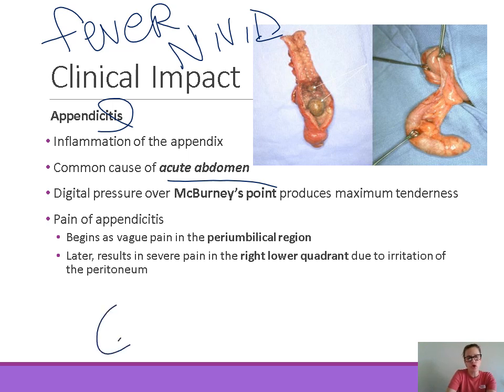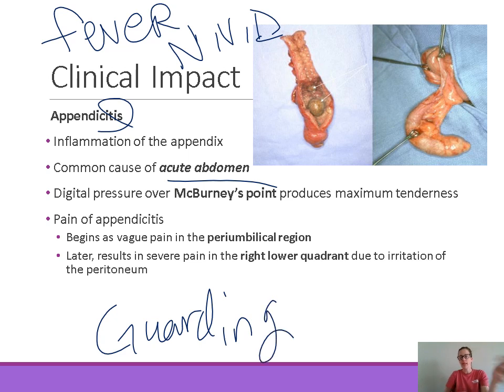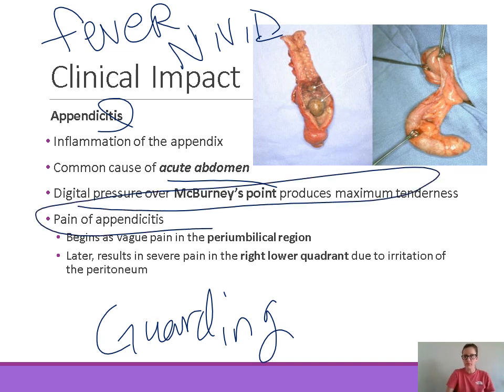Patients will exhibit guarding of the abdomen, meaning it's just a natural reflexive reaction to try and guard their abdomen when you put pressure on it. So when you push on McBurney's point, digital pressure over McBurney's point produces maximum tenderness.